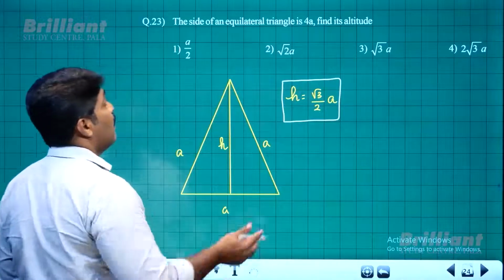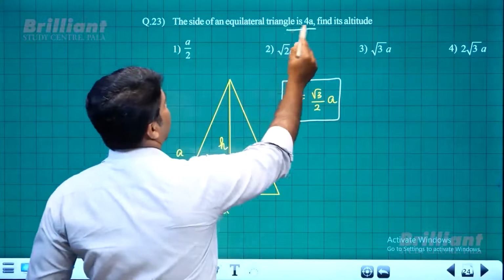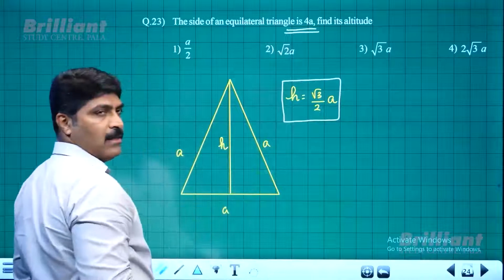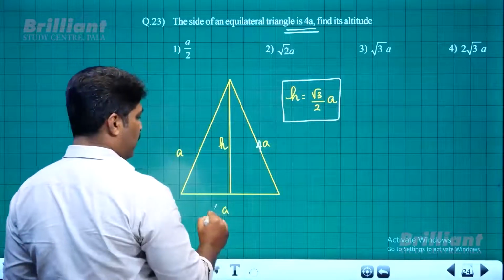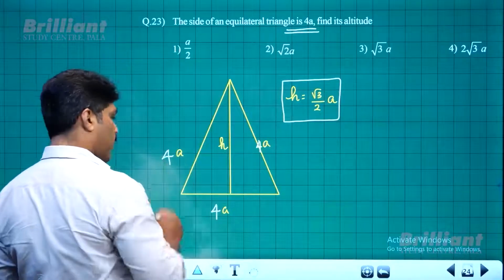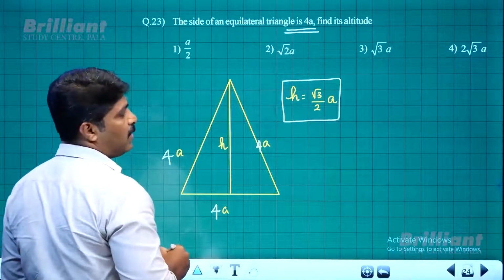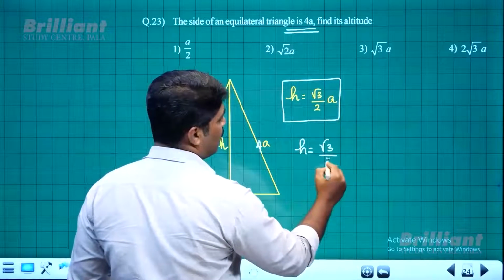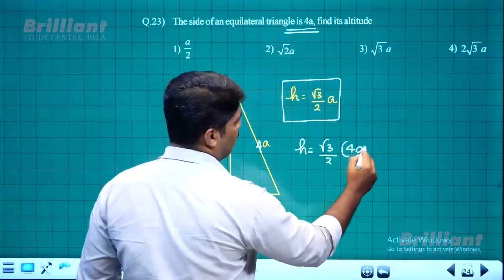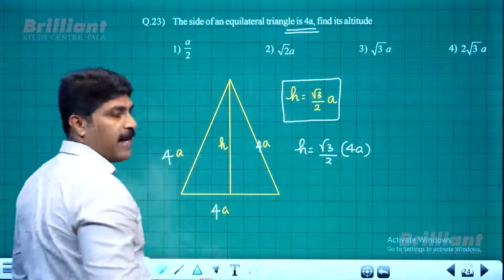But here the side of this equilateral triangle is 4a. Then what is the height? Instead of a, if it is 4a, then the height is root 3 by 2 times 4a. Instead of a, this is the usual expression.